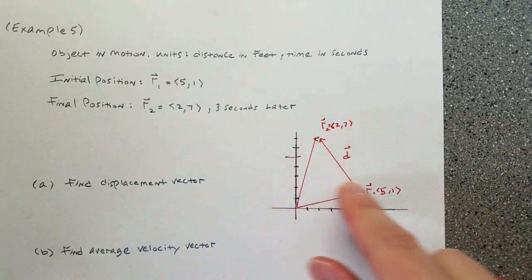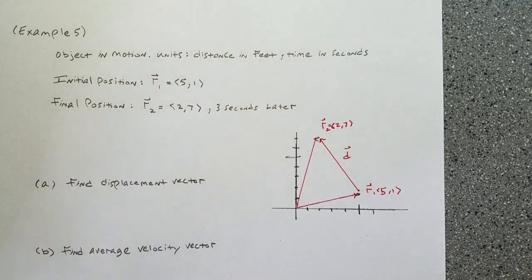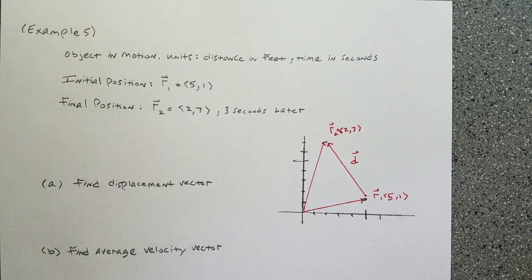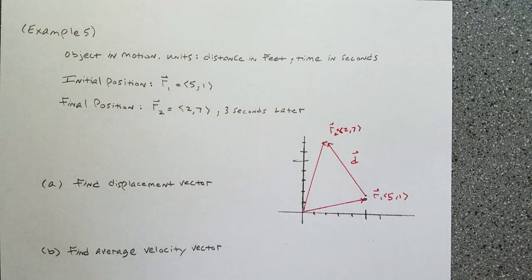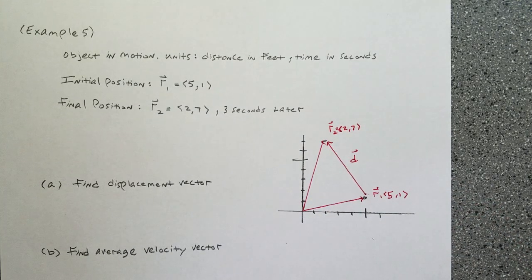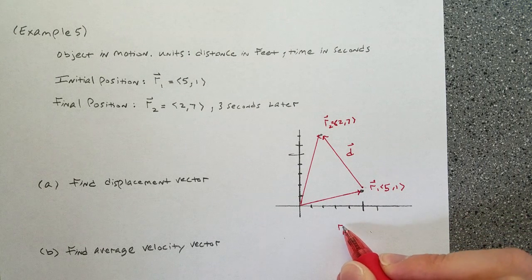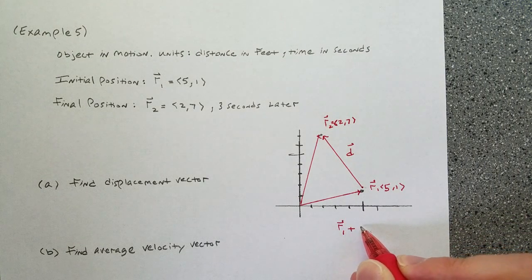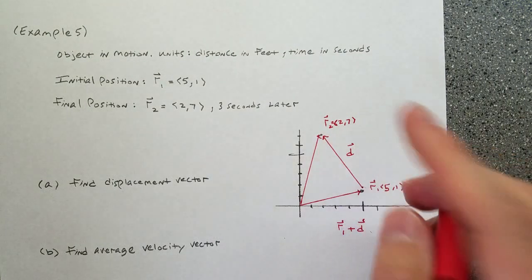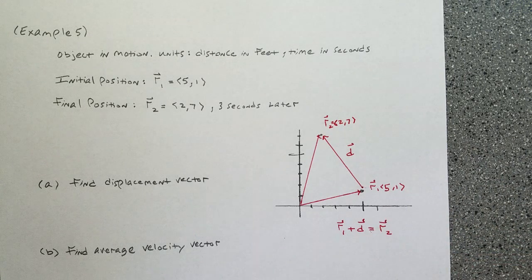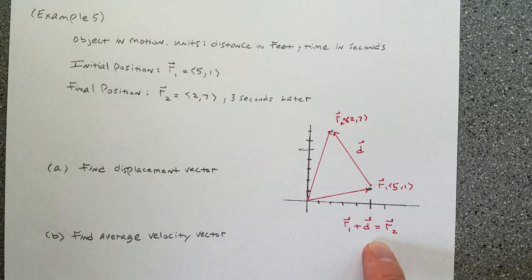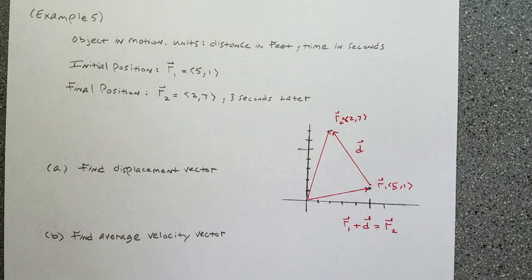What are the equations? Remember for test 1, we talked about how you add vectors geometrically. Here's how I could interpret this in terms of geometric vector addition. You take r1, your initial position, you add that displacement vector, and you end up with r2. So that's one equation that involves the displacement vector.